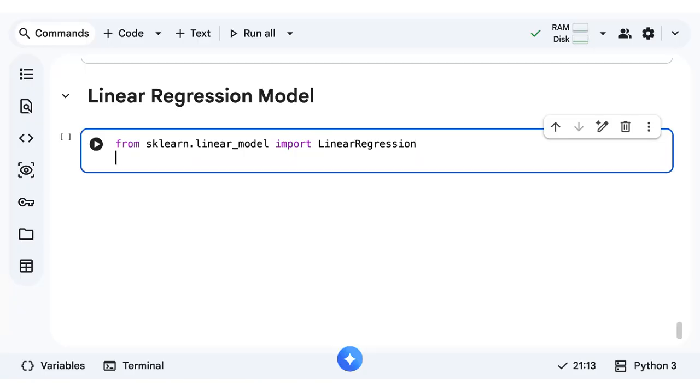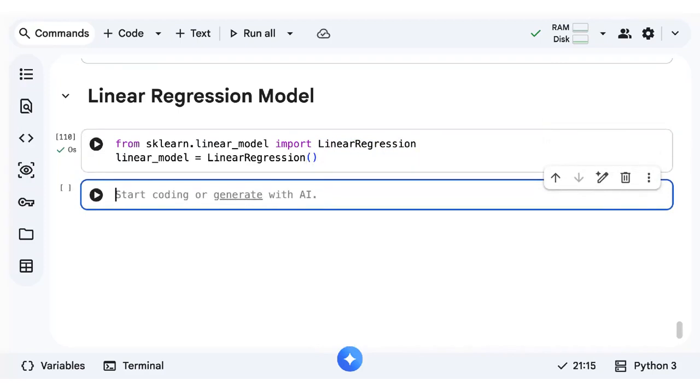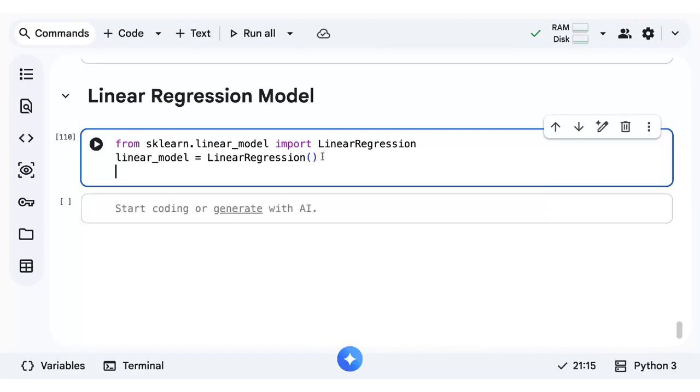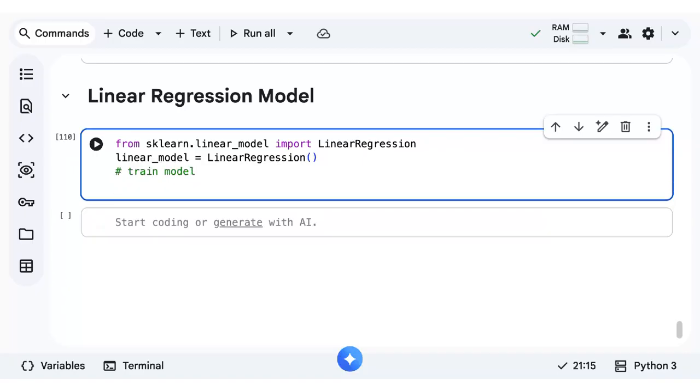Done. Then I'll just initialize my model. That's it. First you take a model and make it ready. Once your model is ready, you have to train it. Training a model is very simple. You'll call your model, linear model dot fit.